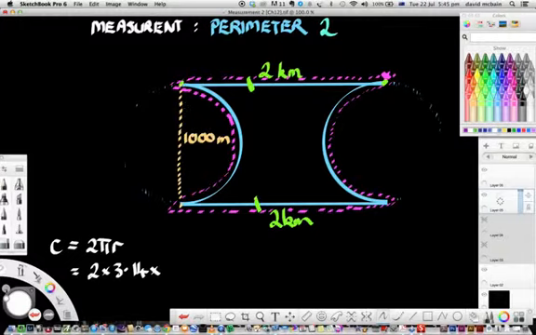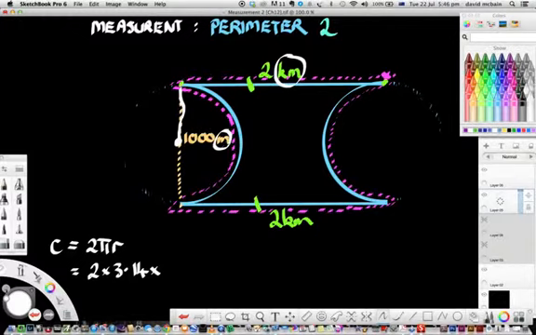Remember, the radius is half of the diameter, so the radius is always measured from the centre. So from there to the edge, that's going to be a half of 1,000 metres. Oh, but hang on, 1,000 metres. That's in metres. But this is kilometres. So we need to have them the same.